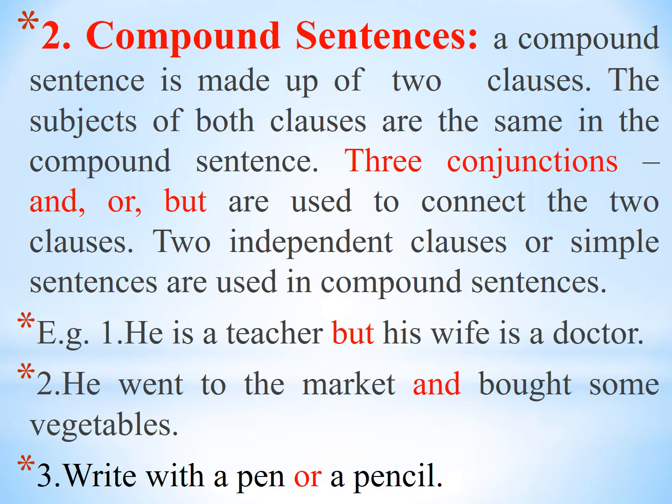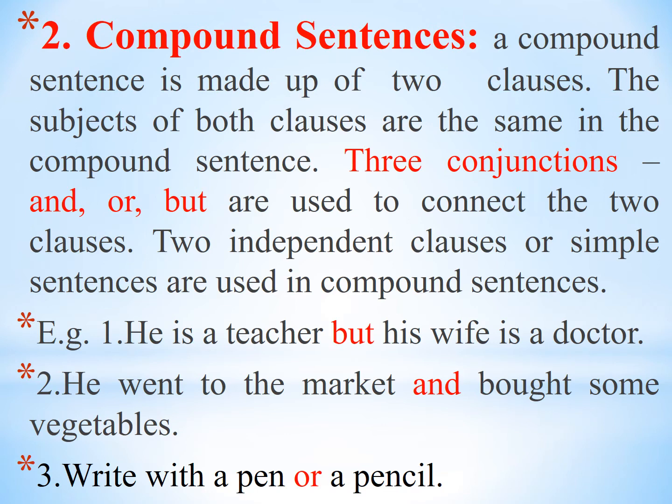Second type of sentence according to structure is compound sentence. A compound sentence is made up of two clauses. The subject of both clauses are the same in the compound sentence. There are three conjunctions used in compound sentences. They connect or join two clauses. They are and, or, but.